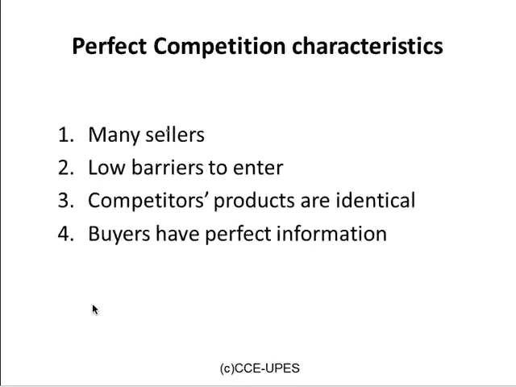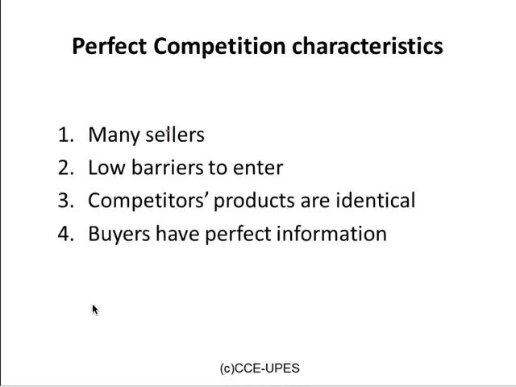Next, any producer can enter the market or exit from the market without much impact on the overall market supply, because there are many sellers. Then they are all producing an identical, homogeneous product, so similar that they become identical.